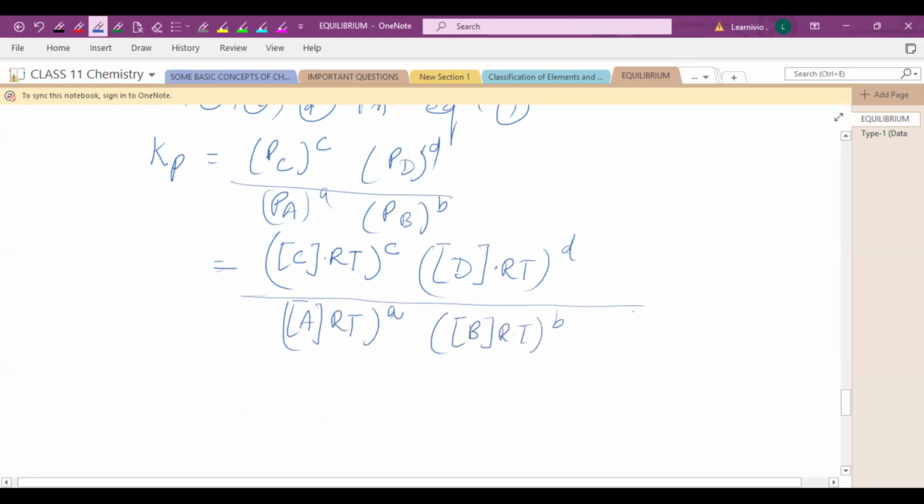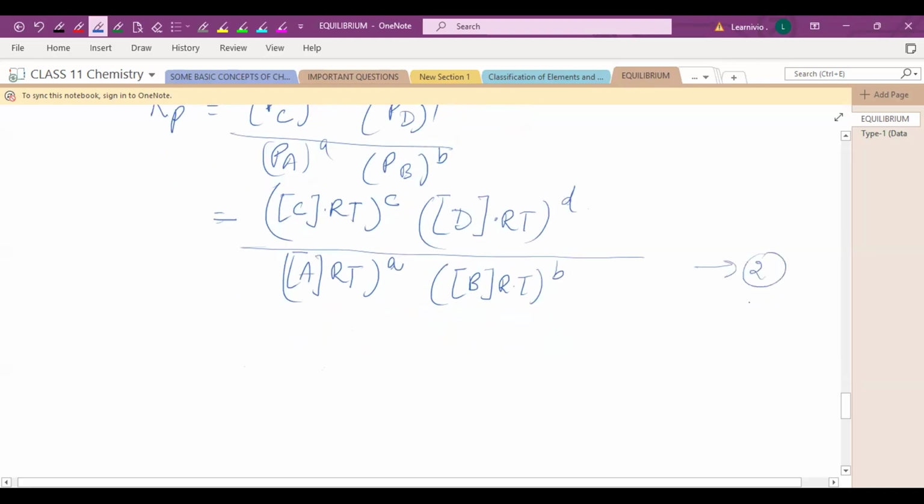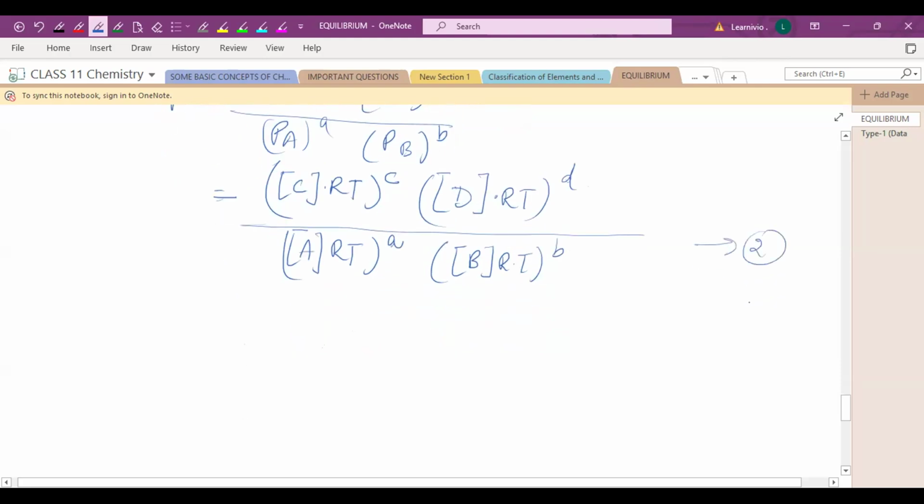Suppose this is equation B, your second equation. Now see what we are going to do. Let's take RT common, since RT is common in everything. So can we write concentration of C raised to the power c multiplied by concentration of D raised to the power d, upon concentration of A raised to the power a multiplied by concentration of B raised to the power b.